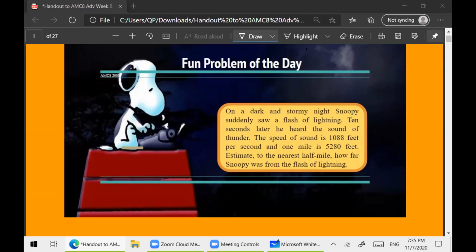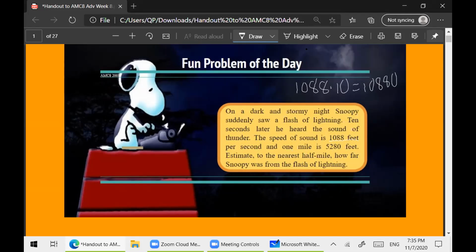All right, so for this problem, you know that it takes 10 seconds, and each second it travels this many feet, and that means that it traveled 1088 times 10 equals 10,880 feet.